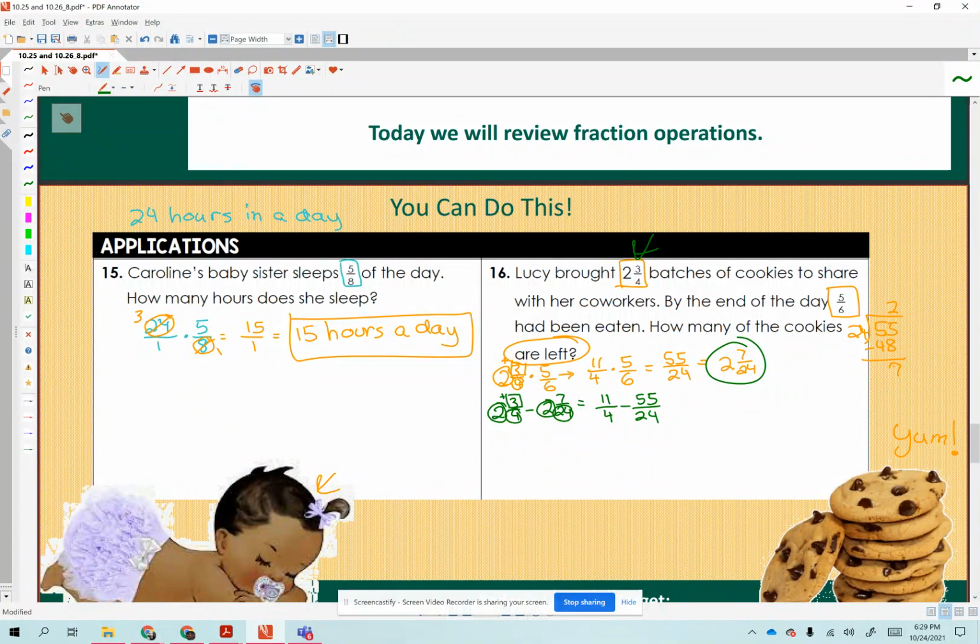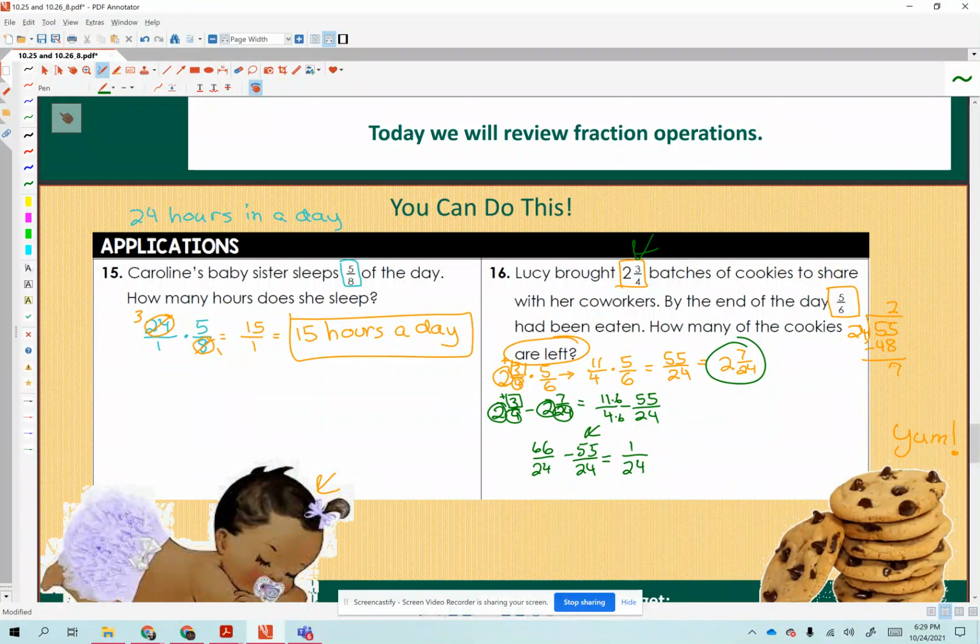Let's use common denominator of 24ths, so 11 over 4. 4 times 6 is 24. 11 times 6 is 66, minus our 55 over 24.